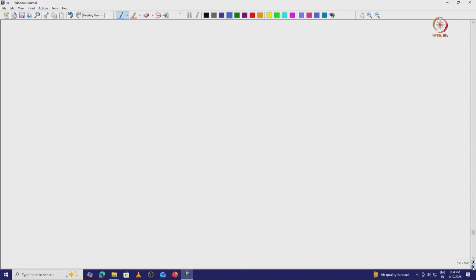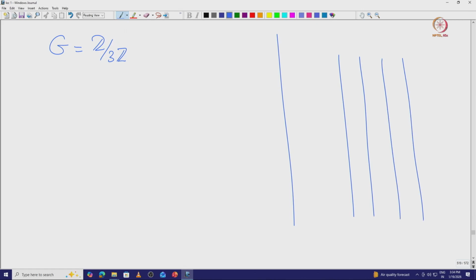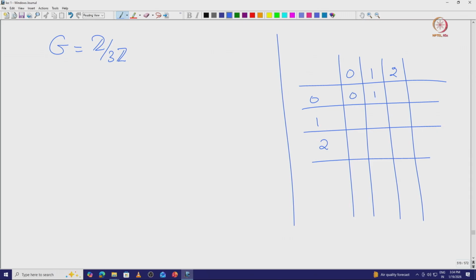So let's do one more example. Let's take G to be G modulo 3Z. So let's compute the matrix here. So you have 0 1 2 and then 0 1 2 here. As I said, the first row is 0 1 2 and then the second row is again 0 1 2.